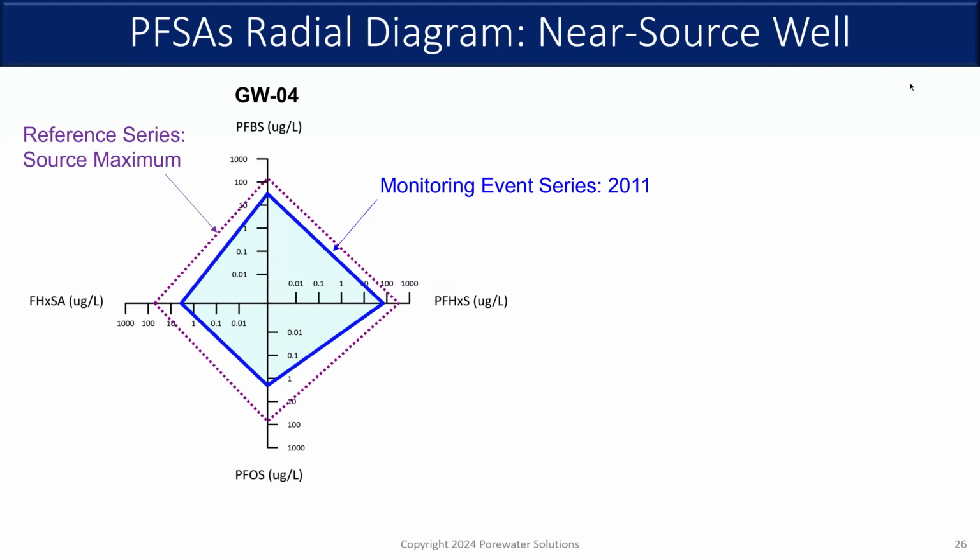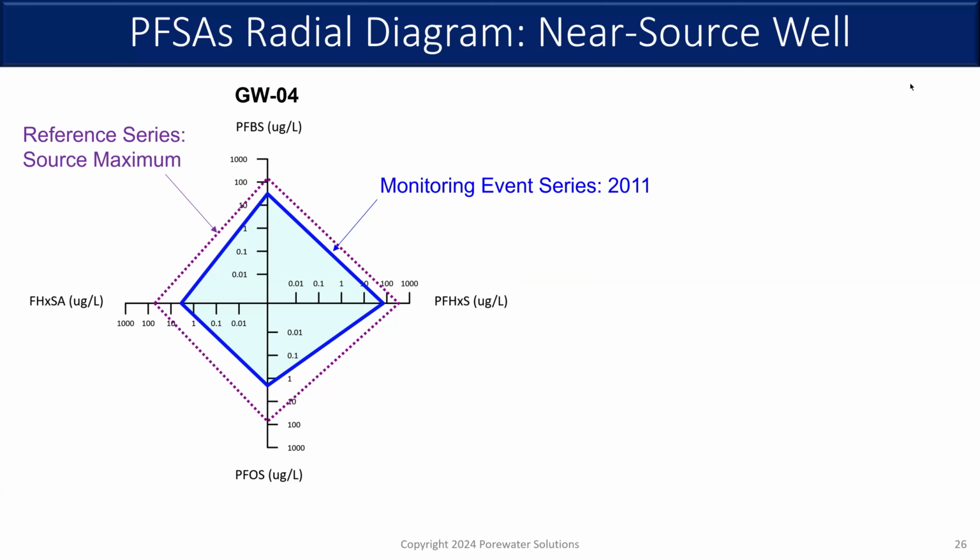Now, what I do is I actually like to plot at least two series on each radial diagram map that I'm using. And I actually look more at the gap between the series than looking at the well data series on its own. So the second type of series we can plot is what I call a reference series. And that reference series, in this case, these are the maximum concentrations from the source area upgradient of this well.